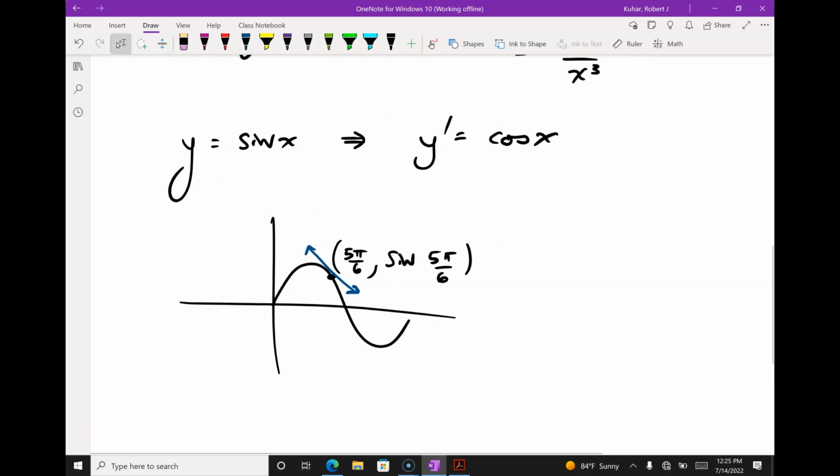What is sine of 5 pi over 6? What's sine of pi over 6? 1/2. So this is still up in the air. Remember, sine is a y value, so it's still 1/2. Sine is giving you a height. Cosine is giving you an x, a width.